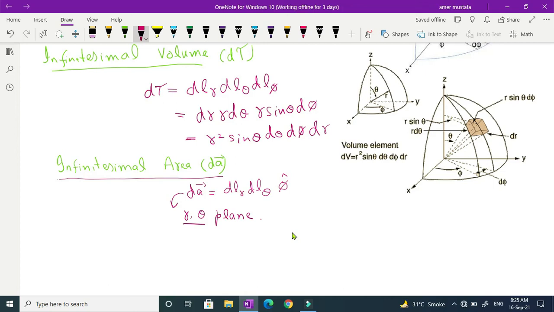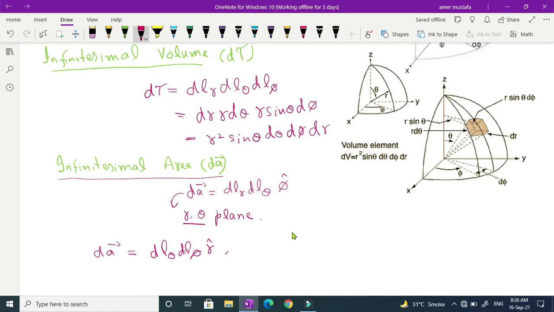In the other case, if the infinitesimal area lies in the theta phi plane, in that case the infinitesimal area will be the product of dl theta dl phi, and its direction will be along r cap.